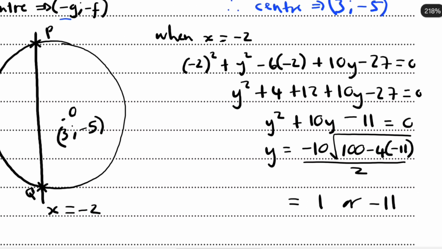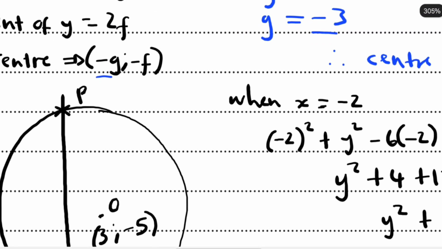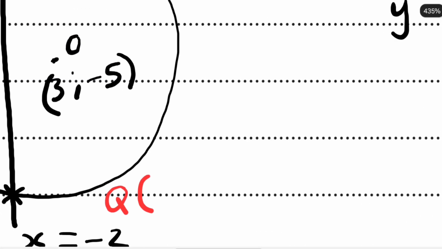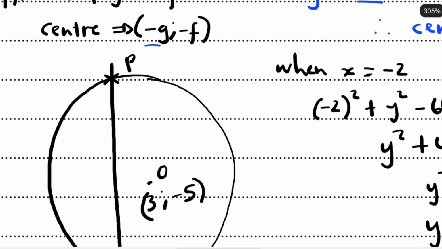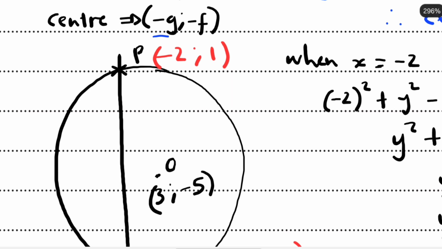So for these two coordinates, Q is (minus 2, minus 11), and P is (minus 2, 1).